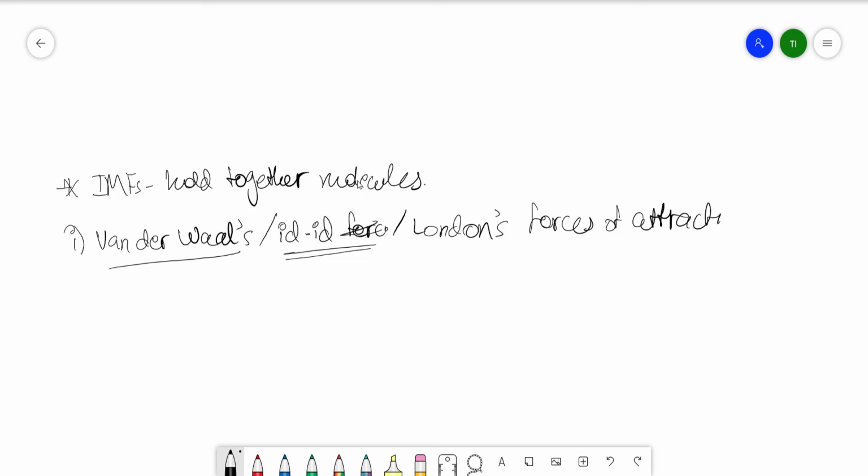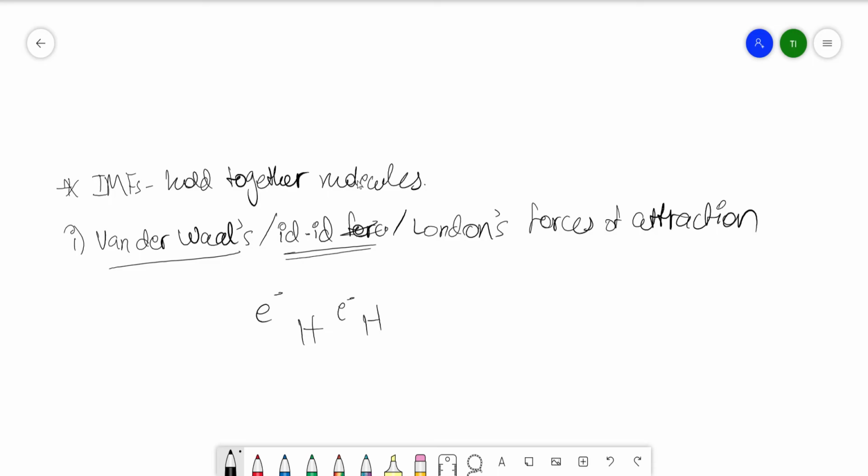The reason this arises is because, as you learned in the first lesson, electrons are constantly orbiting the nucleus in their orbitals. So let's say this is hydrogen, and this is another hydrogen, H and H. There's an electron at this point, and the other's electron is at this point.